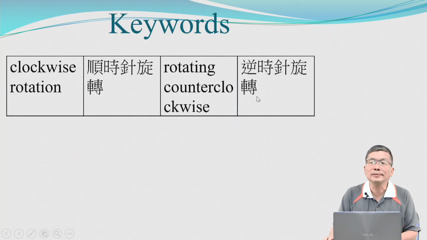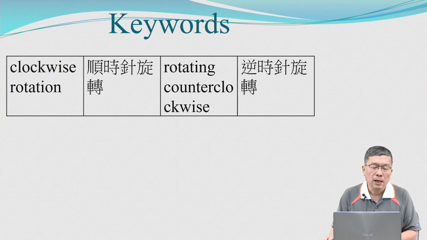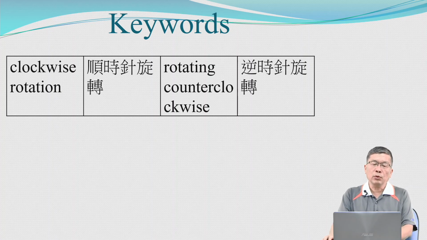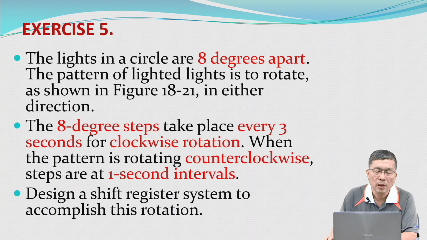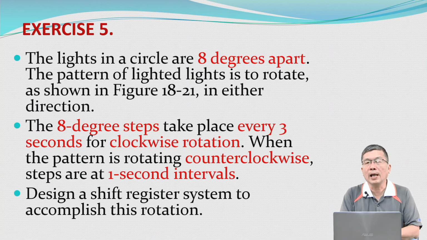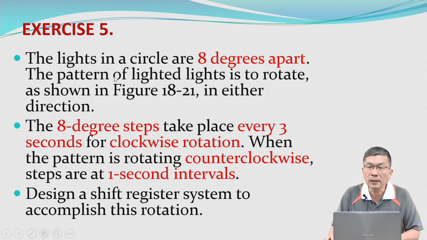Exercise 5. The keywords: clockwise rotation, rotating counterclockwise. Exercise 5. The lights in the circle are 8 degrees apart. The pattern of lighted lights is to rotate as shown in figure 18.21 in either direction.